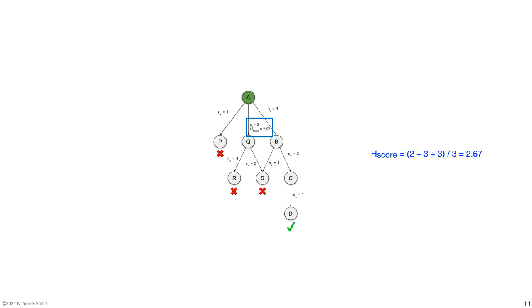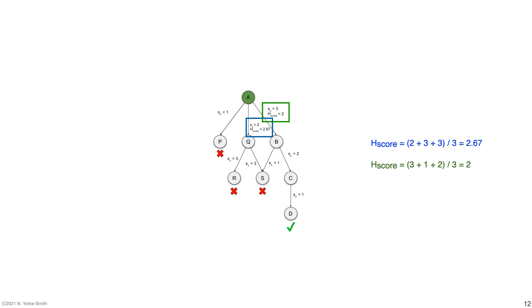Here there's 3 nodes. We score 2 from going from A to Q, 3 from going from Q to R, and 3 from going from Q to S. 2 plus 3 plus 3 over 3 nodes gives us that score. Notice we've had to use information from the future of the search tree in order to compute this score.